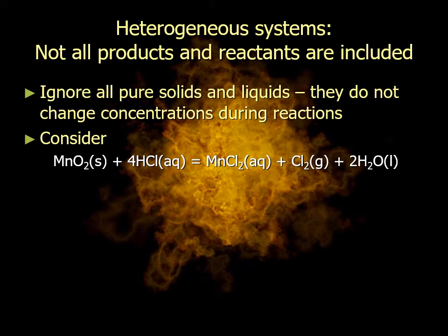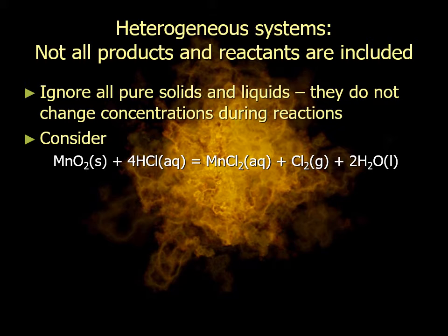So in that particular example, we were assuming that every substance that was written in the equation is included in the equilibrium constant expression, but it's not quite as simple as that. So in heterogeneous systems, meaning that there are substances in different states, then not all of the substances, products or reactants, are included.